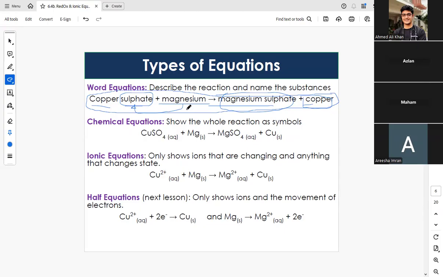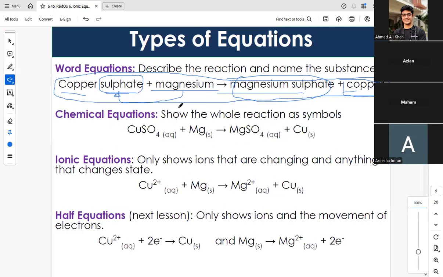It occurs when a compound reacts with an element that is more reactive. For example, here magnesium is higher up in the reactivity series as compared to copper, which is why it will push copper away from its compound.